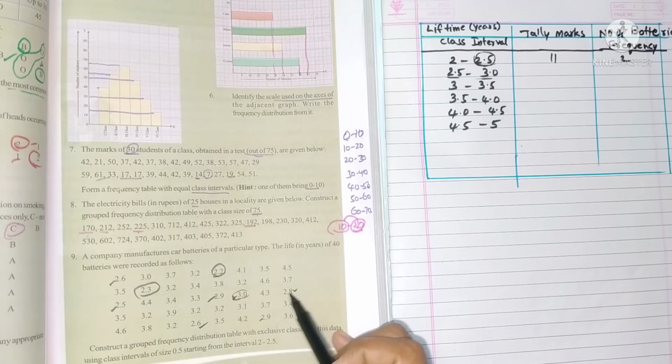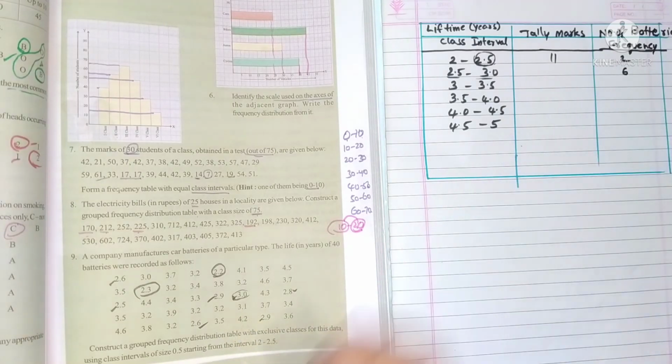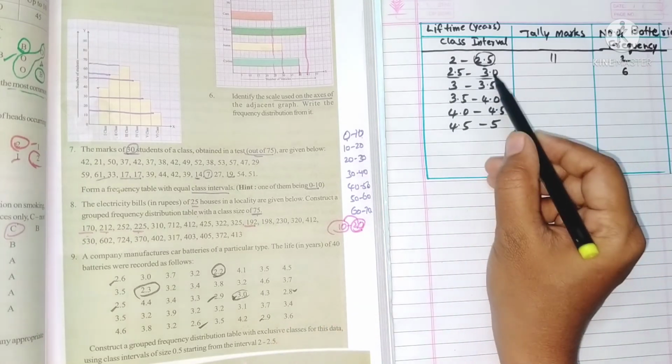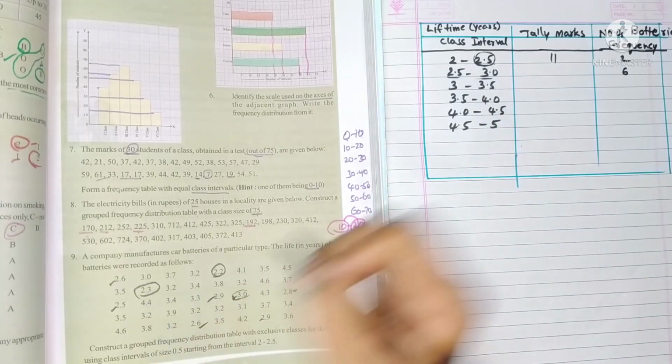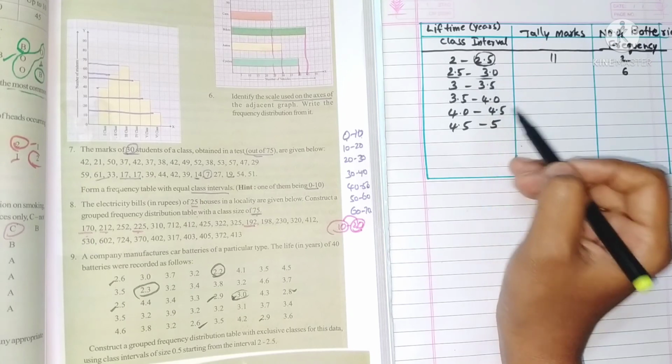Okay. 3, 4 and 5, 6. Okay, 6. So do you understand what is exclusive? The last one is not included in this interval. So 2.5 we didn't count in the first interval, we counted in the second interval.